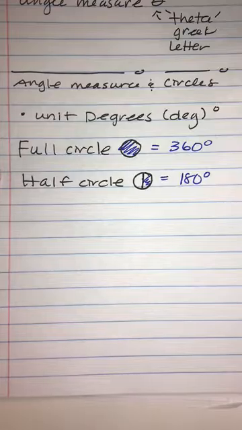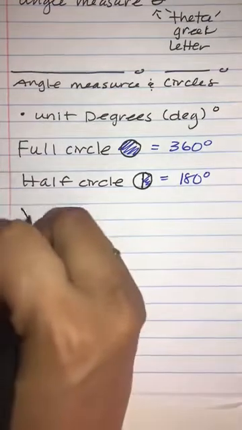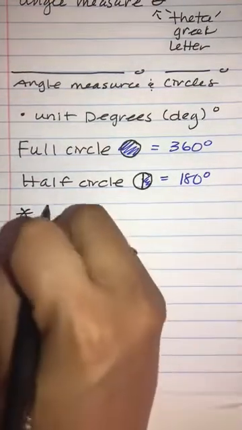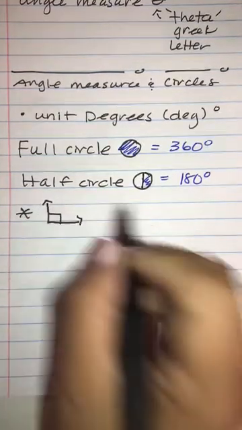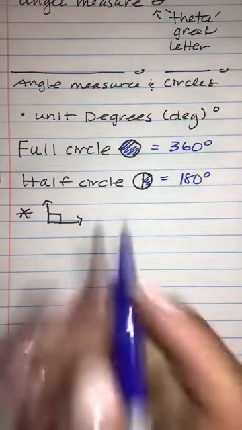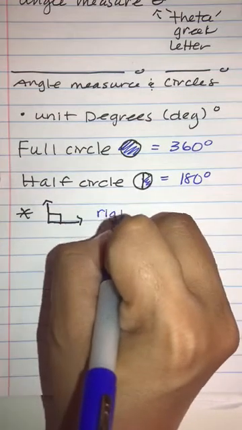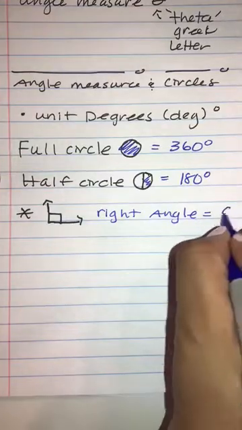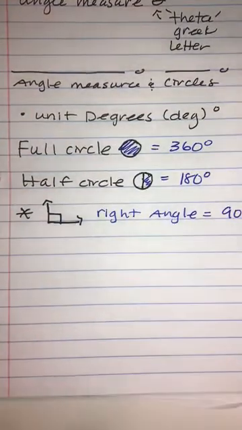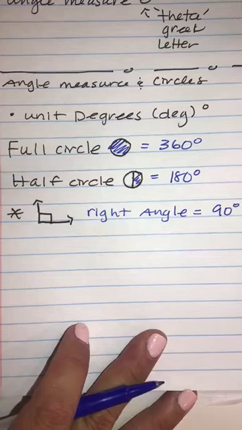And this next one is very specific. This right here. If I have a right angle, it's equal to 90 degrees. So it's a right angle.